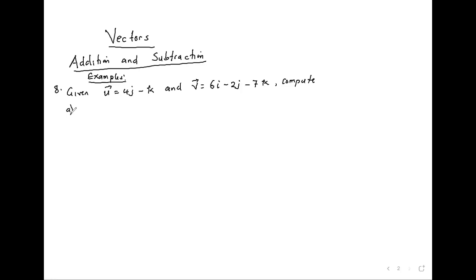So here we're also doing scalar multiplication. We have 3 over 4 u, 3 over 4 multiplied by vector u. So you have 3 over 4 multiplied by the vector 4j minus k.